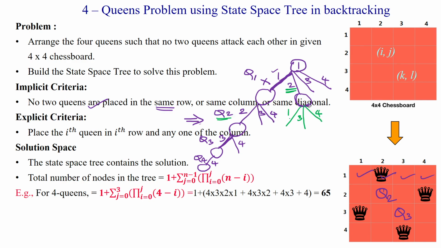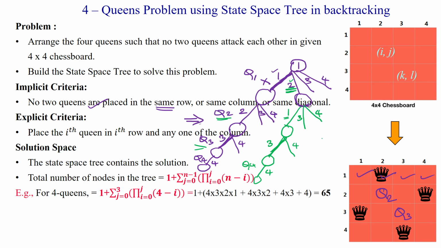Then for queen 3 I can select except 1 and 2, so the third column and the fourth column are possible. If you select the third column for queen 3, then for queen 4 we have only one option, right? The fourth column. So like this, we can construct the state space tree for placing the queens.